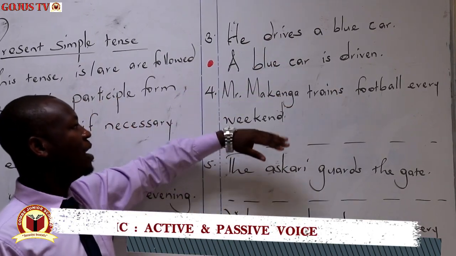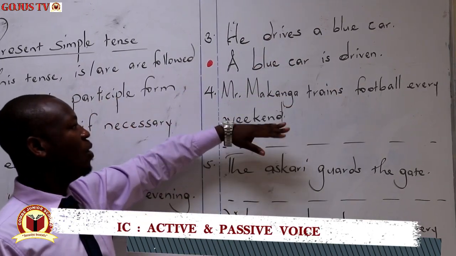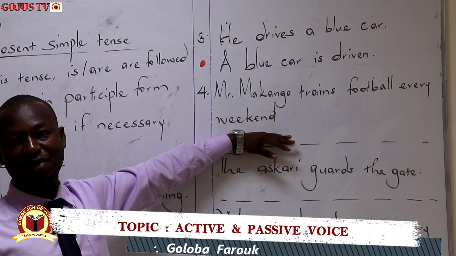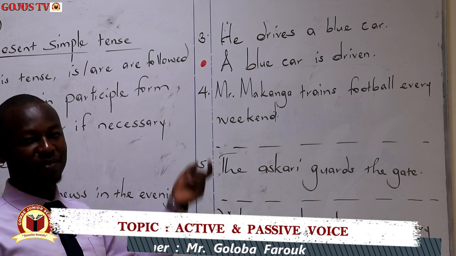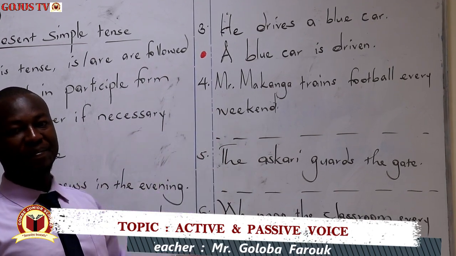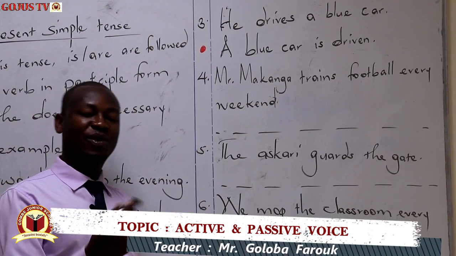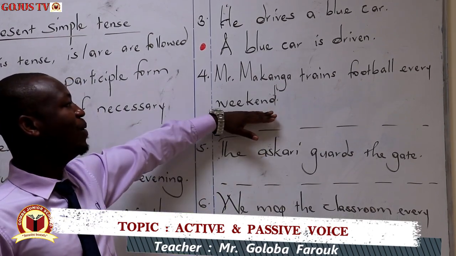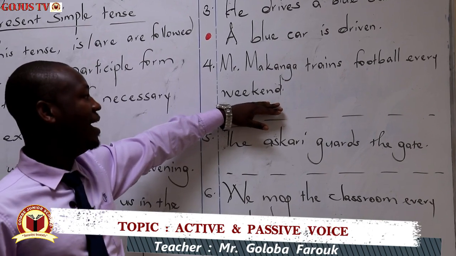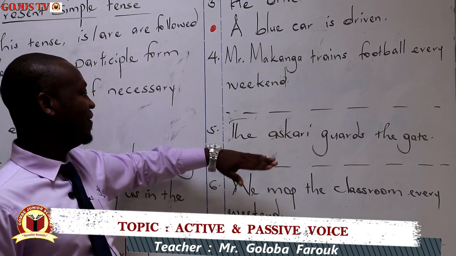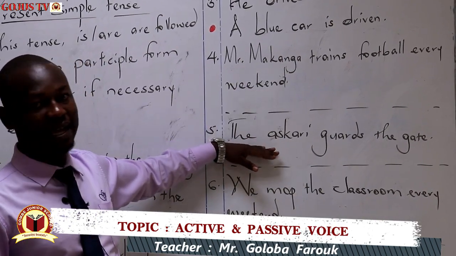Number 4, we go to testing ourselves now. Mr. Makanga trains football every weekend. If we are meant to begin with football, who can make this passive voice for us? Okay, we shall say football is trained by Mr. Makanga every weekend. The 5th example says the askari guards the gate.